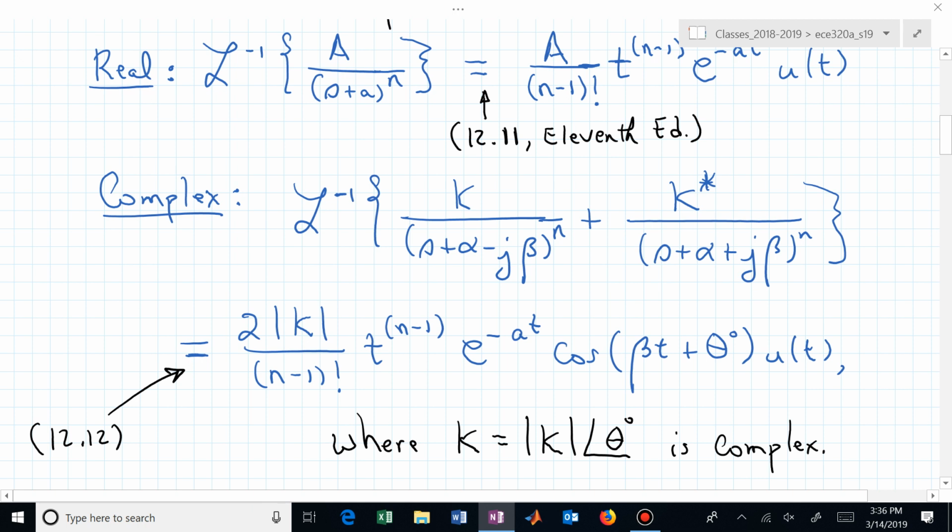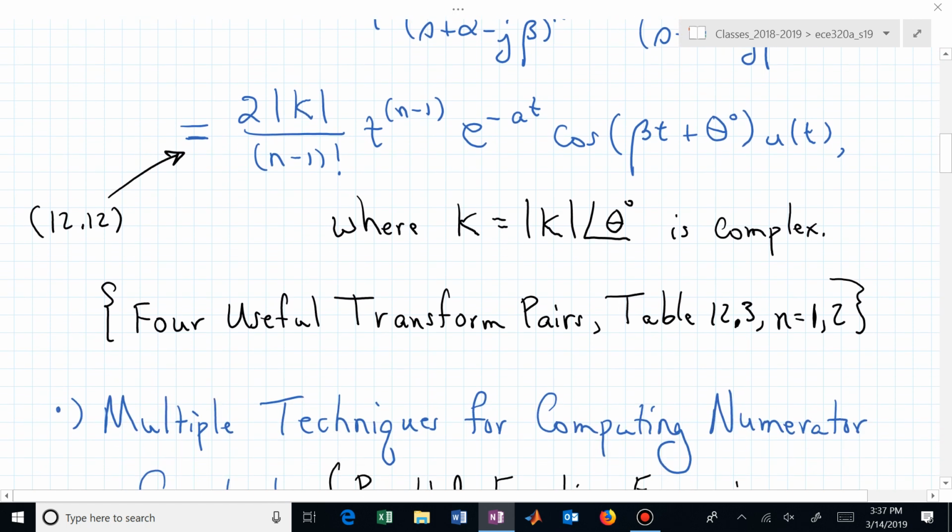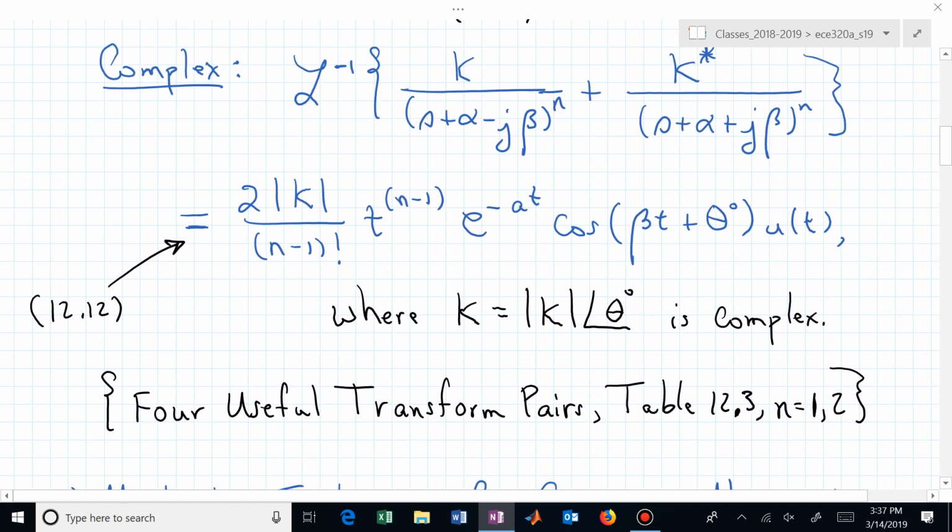If it's repeated 3 times, then you have 3 minus 1, which is 2, factorial, which is 2. Meaning you're dividing your constant A by 2, and then say, oh, it's t squared e to the minus, let's say, 5t. We'll go through some examples today using these strategies, because I'm still in the goals portion of today.